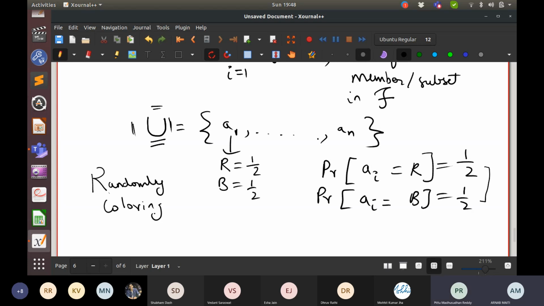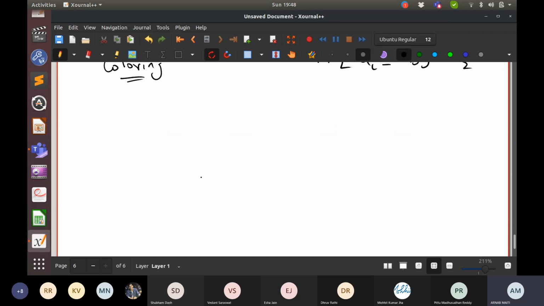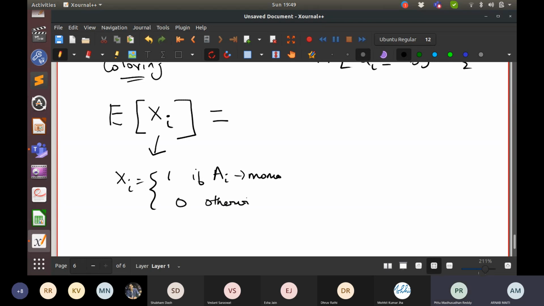Now this is where I would like to involve you guys. Can someone tell me what will be the expectation of xi? If you recollect, xi was 1 if Ai was monochromatic and 0 otherwise.